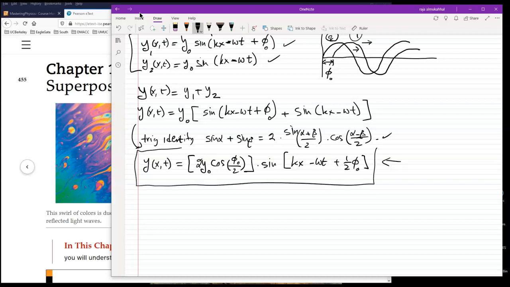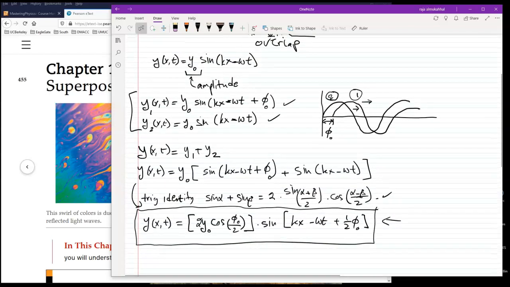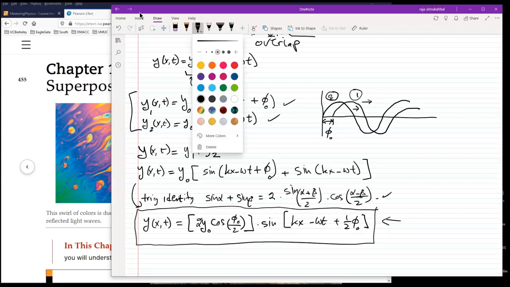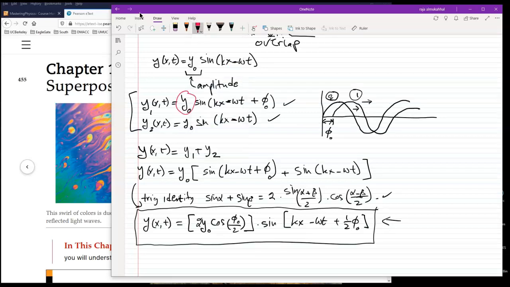We're talking about two waves that have the same amplitude. Why not, right? Let me change the color. I'll make it pink. So we have the same amplitude, and they only differ by a phase constant, so one wave is ahead of the other, if you will.